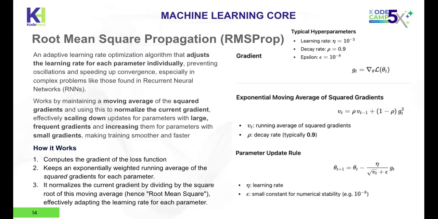Because when you normalize, the parameters that change a lot will have a higher value of this squared moving average of their own gradient, while parameters that don't get updated often will have a lower value. So what will happen at the end of the day is that the parameters that have more frequent updates will be scaled lower.